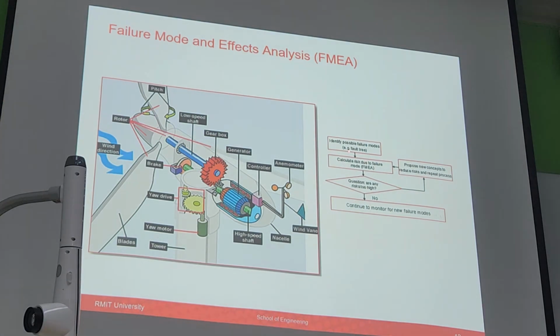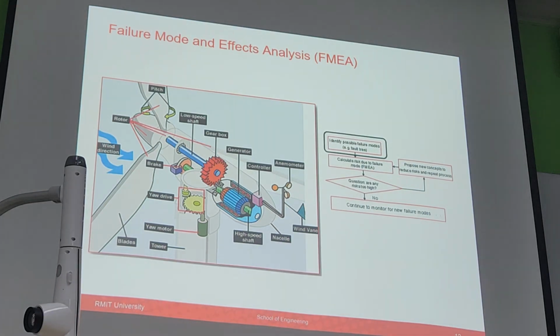So identify the possible failure modes for each part, for example for the gearbox, and then calculate FMEA. If the risk is too much, we have to reduce it, otherwise we go to monitor for new failure modes.